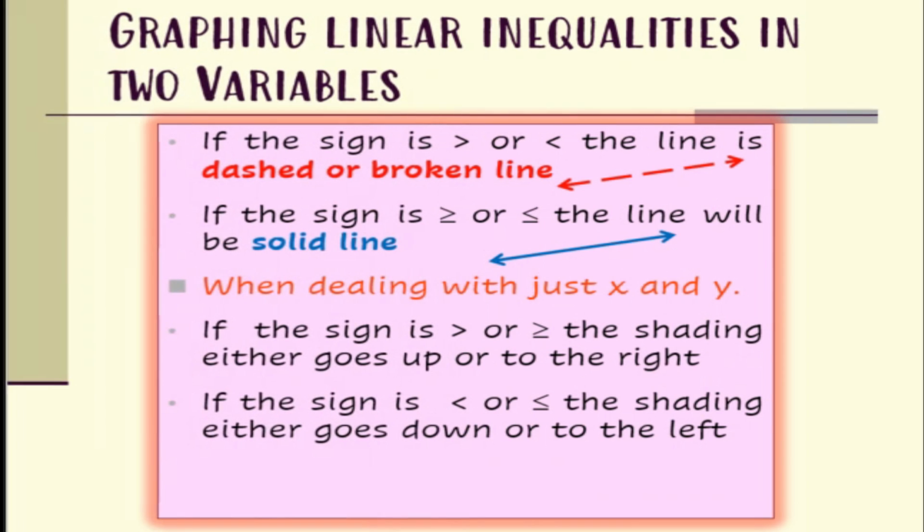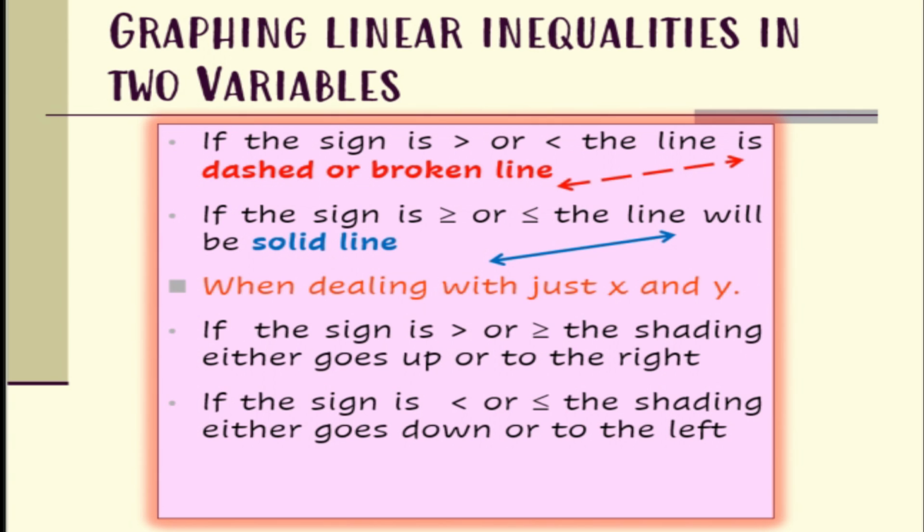To draw the boundary line, remember this: if the inequality sign is greater than or less than, the line is a dashed or broken line. While if the sign is greater than or equal to or less than or equal to, the line will be a solid line.